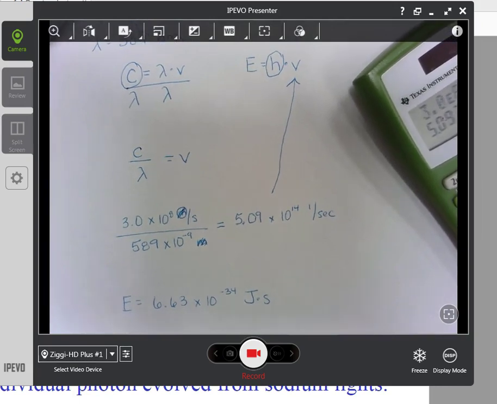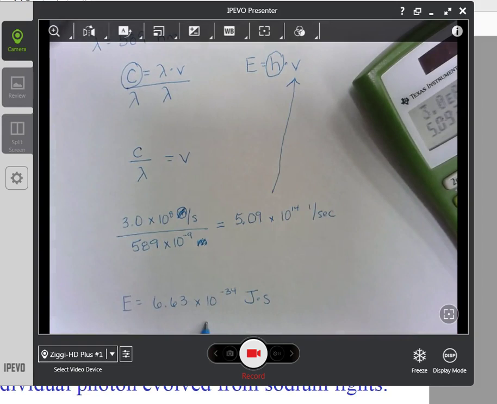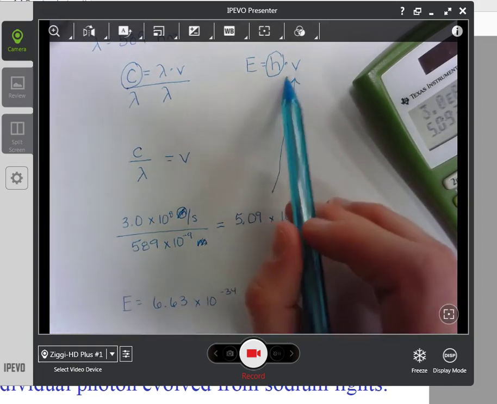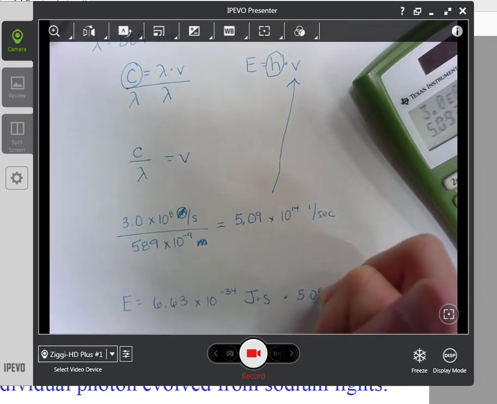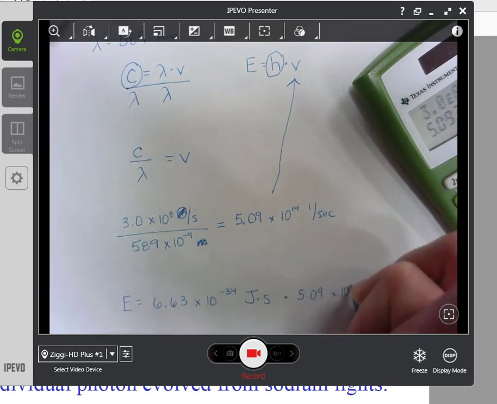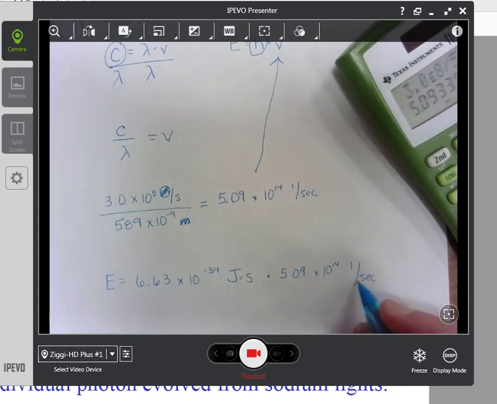So here we're calculating energy, which is Planck's constant, which will always be given to you, or you can look it up, times the frequency, which we just calculated, 5.09 times 10 to the 14th, 1 over second. So notice my seconds will cancel, so I'm going to be left with joules.